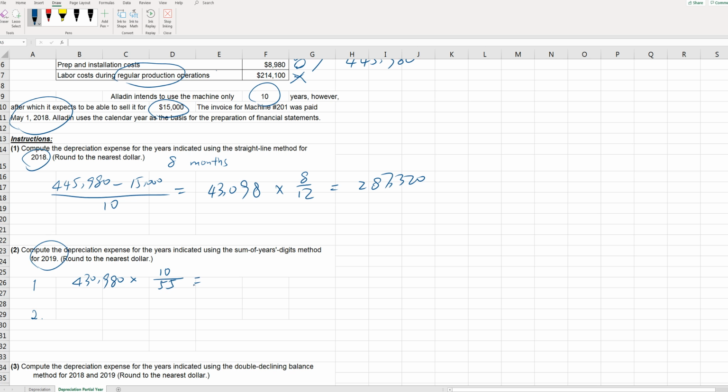So if we do that, it's going to be $78,360. Then let's calculate second year depreciation expense.